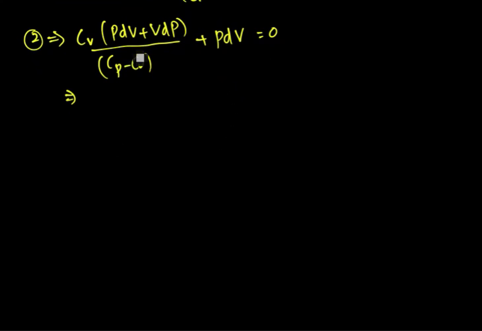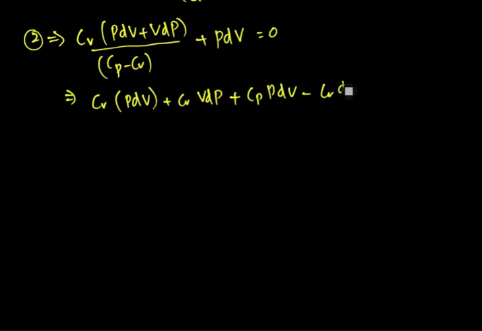Cross multiply this Cp minus Cv to here, then what we will have is Cv into P dV as the first term, plus Cv into V dP as the second term. The third term is Cp into P dV and the fourth term is minus Cv into P dV, all divided by Cp minus Cv, is equal to 0.